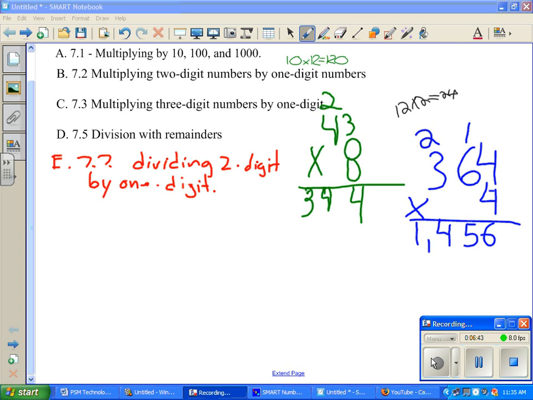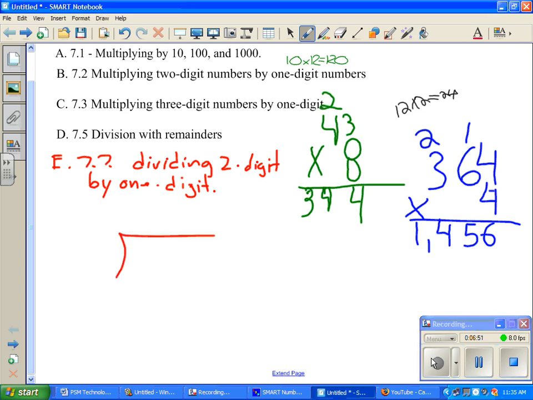My name is Ron, and we're doing 2-digit by 1-digit division. All right, here's an example. We're doing the problem 75 divided by 5. The 5 goes into the 7, and that's once. You multiply 5 times 1, which equals 5, and you subtract it from the 7, which is 2.